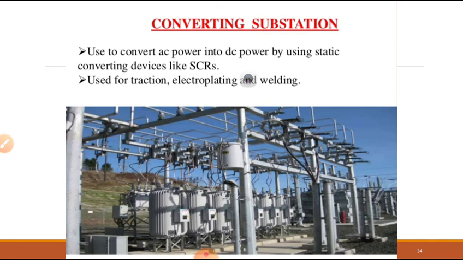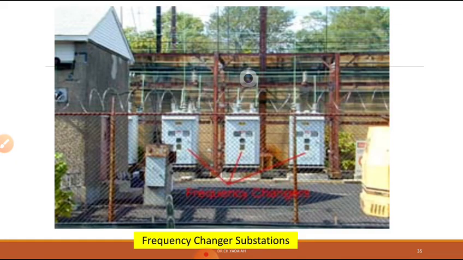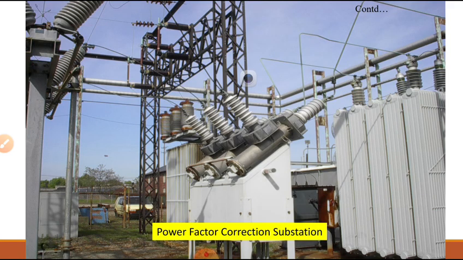Now another is the frequency changer substation, where frequency changes from 50 Hz to different frequencies based on applications. Industries generally use these. And another is the power factor correction substation, where they can use reactive power generators, and at the same time reactors also.